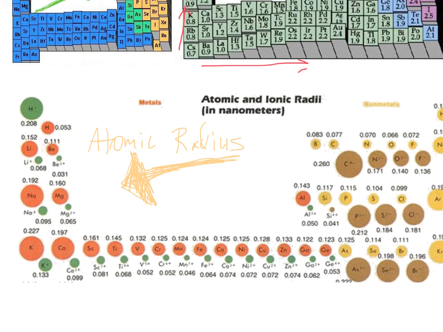And my ionic radius, well, we said there's a difference between my anions and my cations. So if I draw my stair step to divide them up, on this side I'll have my anions, and on this side I'll have my cations.